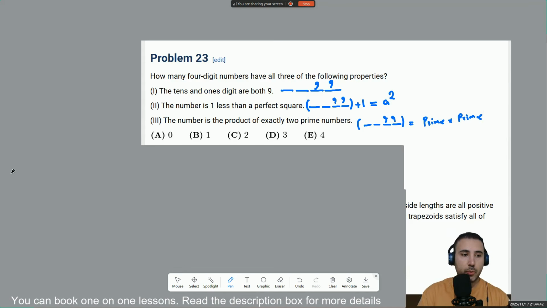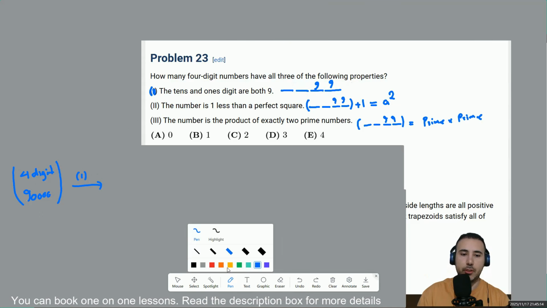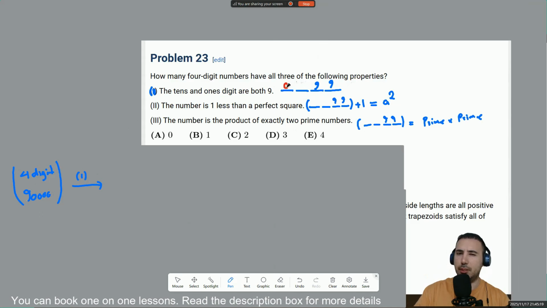Okay, so how many 4-digit numbers do we have? We know we have 9,000 4-digit numbers so far. But the question says that because of the first condition, I'm going to write it here, because of the condition number 1, we know that the last 2 digits are 99. So how many different ways can we put the first 2 numbers? Can I put 0 here?